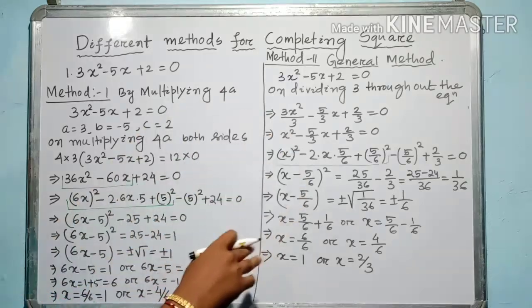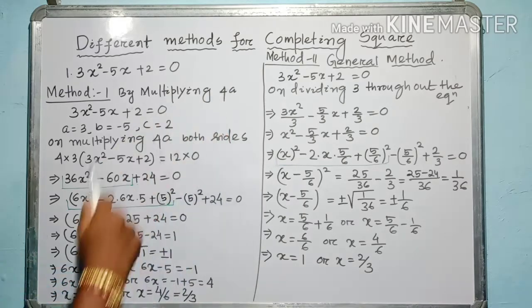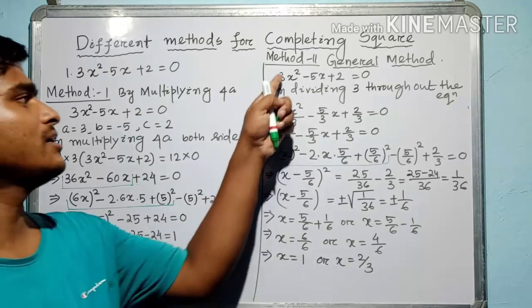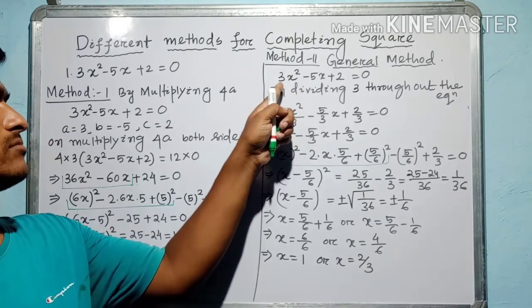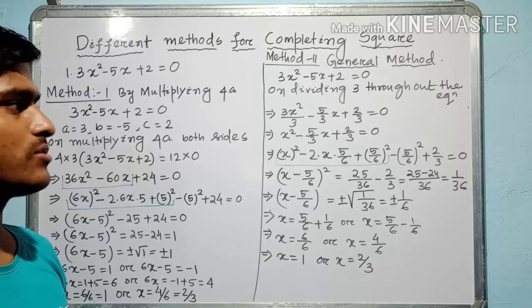In the general method also you will get the same answer, but the technique is different. Here we multiply by 4a, and here we just divide by the coefficient of x square throughout the equation, then make it a complete square.